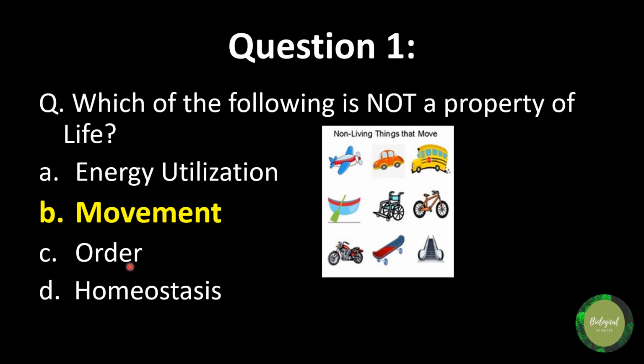So you can see here energy utilization, order, and homeostasis can only be seen in living organisms, but we can't say movement is a characteristic of life, because non-living things like aeroplanes, buses, and cars also have this property. So we can't say this is a property that is used to define life.